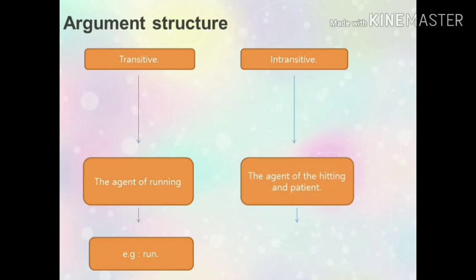Intransitive is the agent of the hitting and passion, or if it takes three arguments, an agent, a theme, and a goal. For example, hit. Hit here takes three arguments, and it must be an agent, a theme, and a goal.